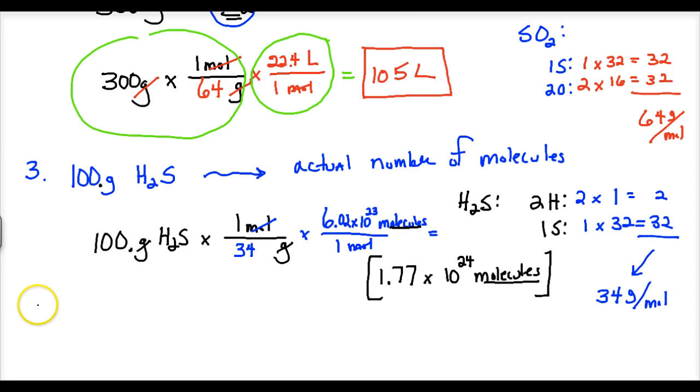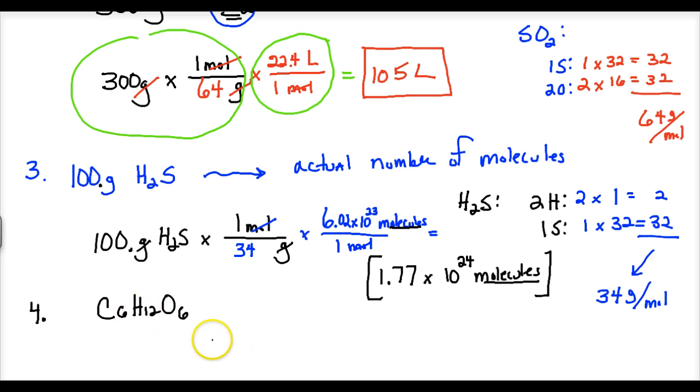Now I'm going to do one more type of problem, but it's not really a conversion. It's a ratio problem. Number 4. Let's say I have glucose, C6H12O6. Okay? Now, here's my question.